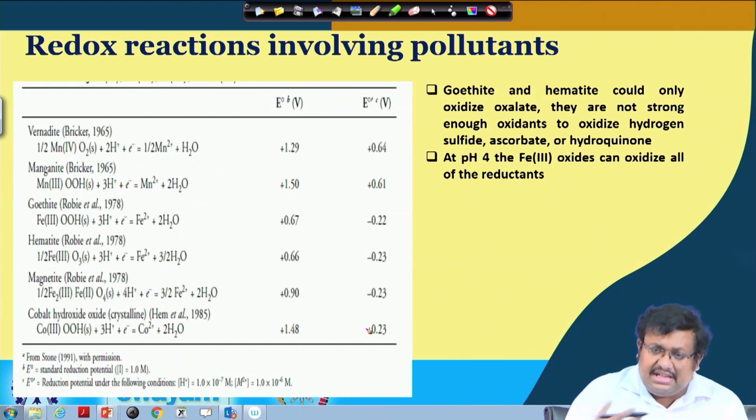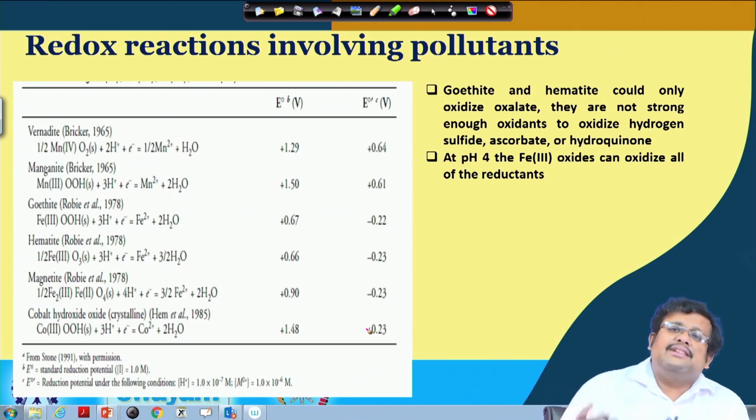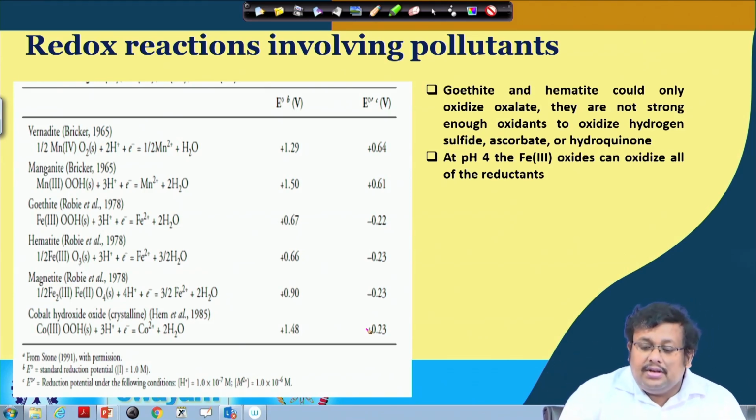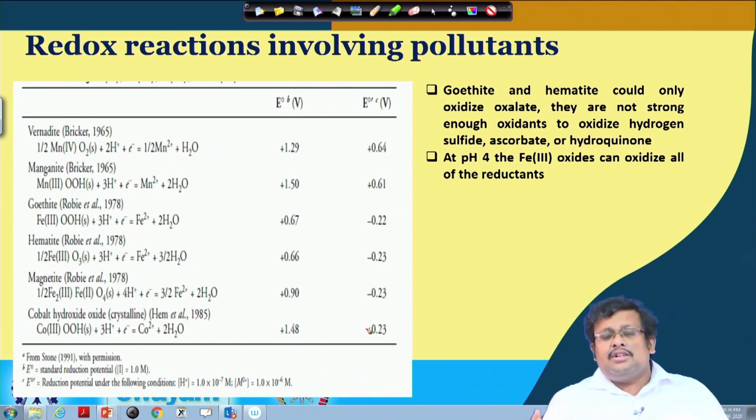Their tendency to get reduced is very low, so obviously they can only oxidize oxalate. They are not strong enough oxidants to oxidize the hydrogen sulfide, ascorbate, as well as the hydroquinone.